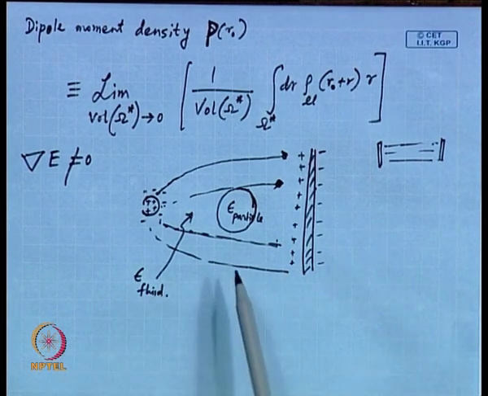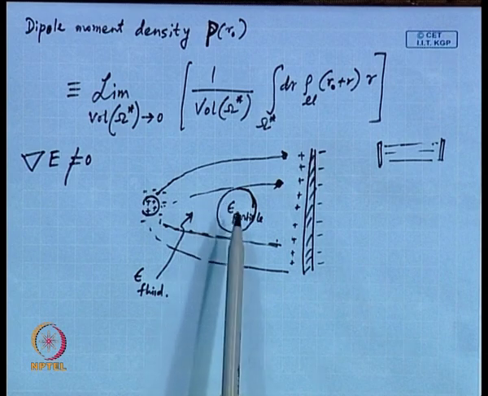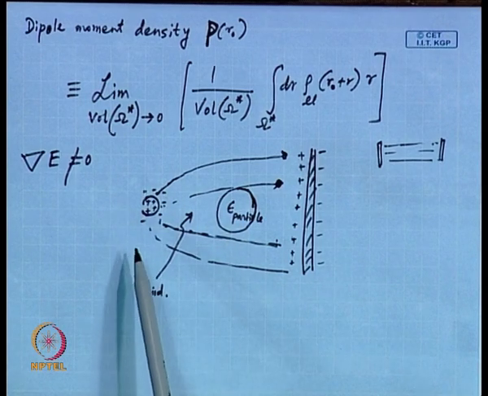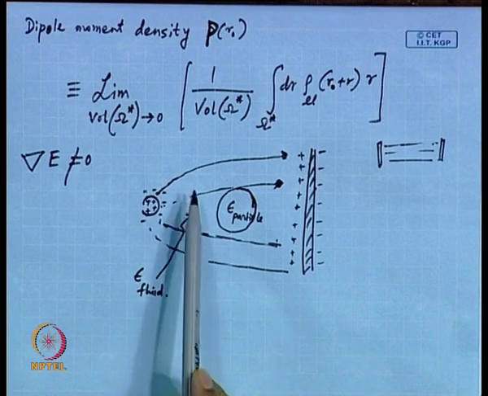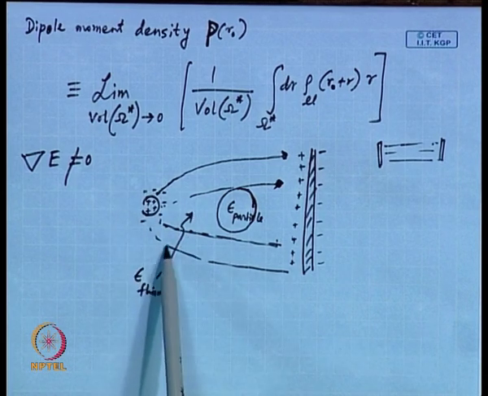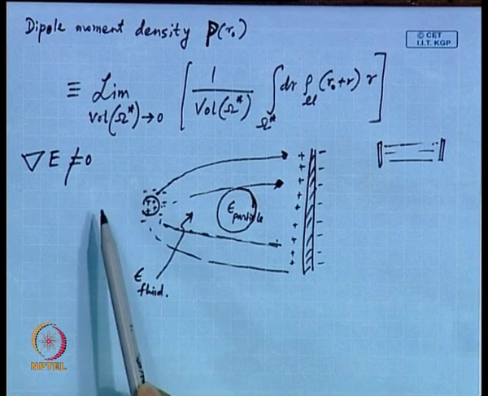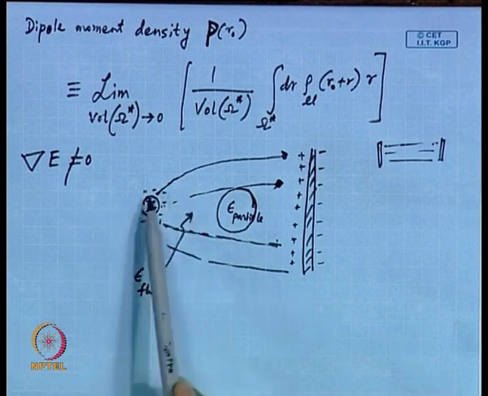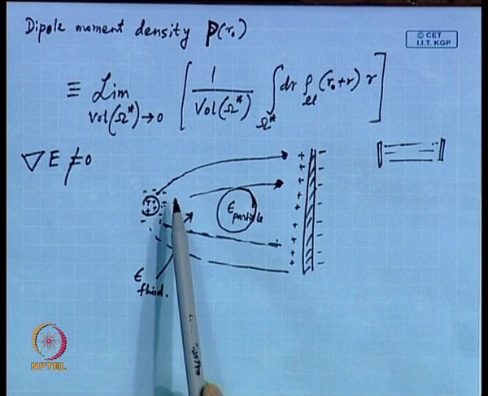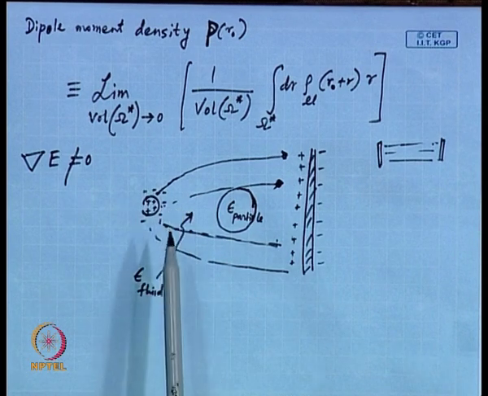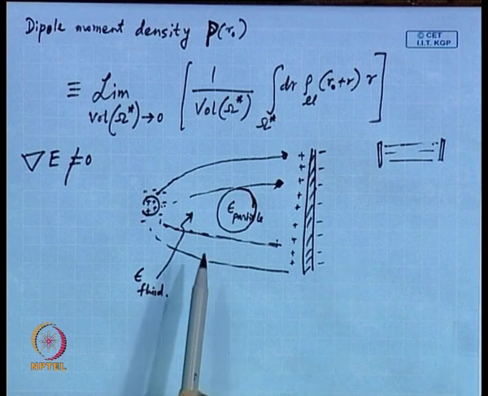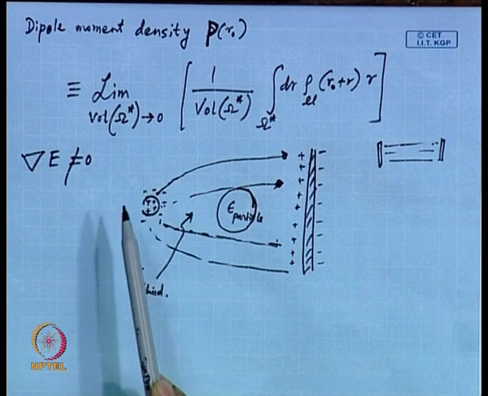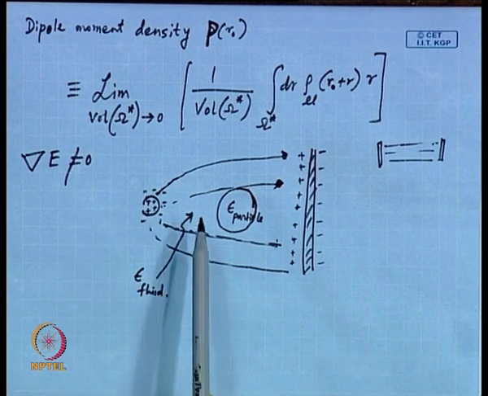And we note here that because of this non-uniform nature of the electric field, the highest density of electric field lines is around this location, on the left of the particle. That is the place where these electric field lines are most concentrated. So, this is the region of strong E field, strong electric field.